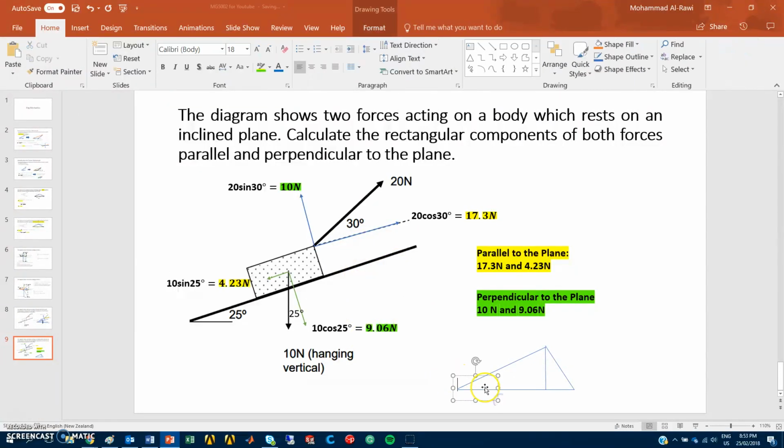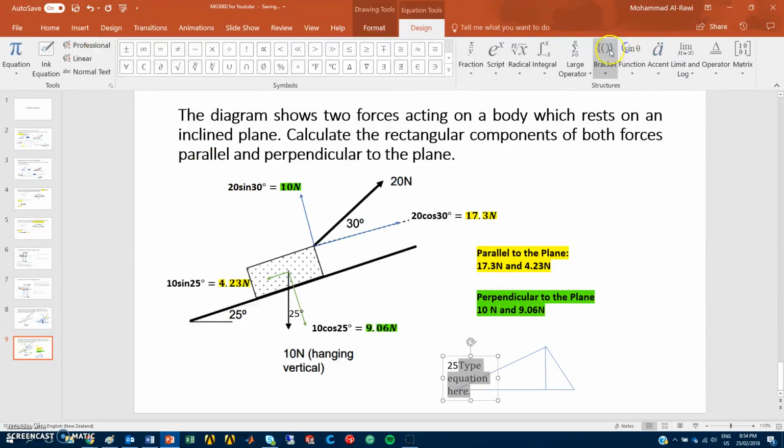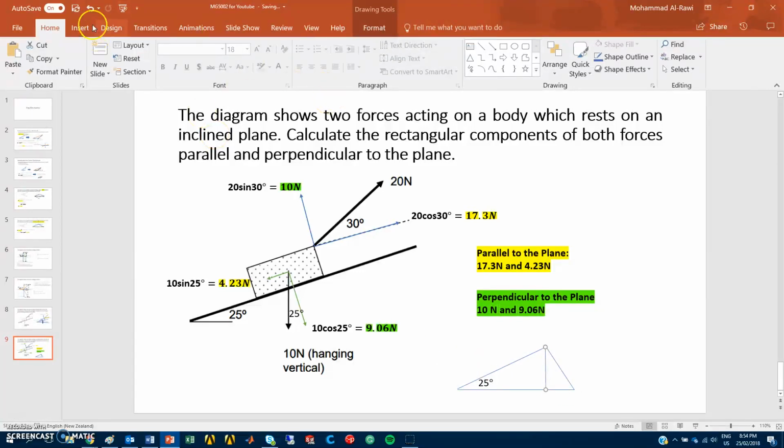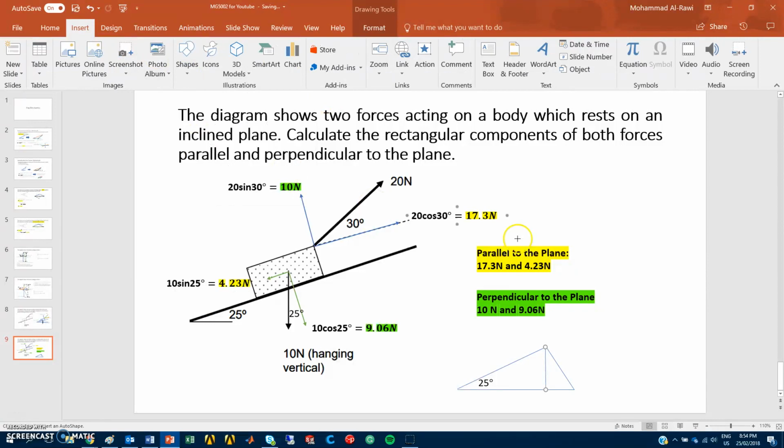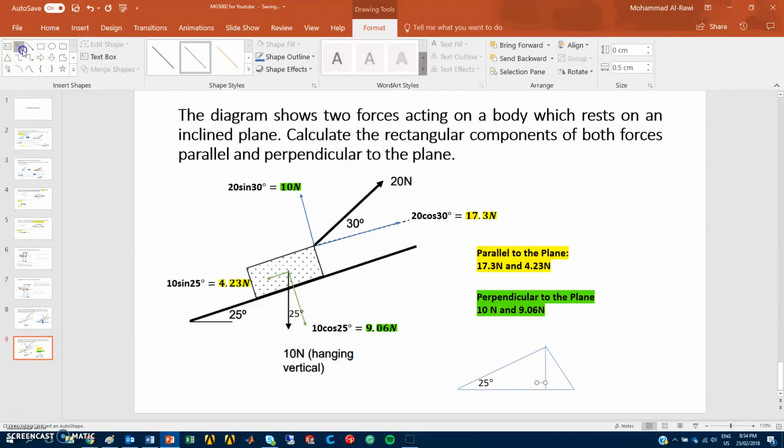So this one we say is 25 degrees. Let's put the angle here. Remember, this tiny angle actually represents 90 degrees, so I will just sketch to represent that this one is 90.